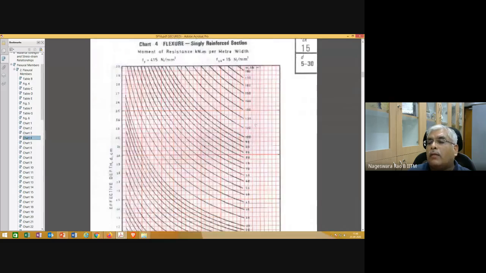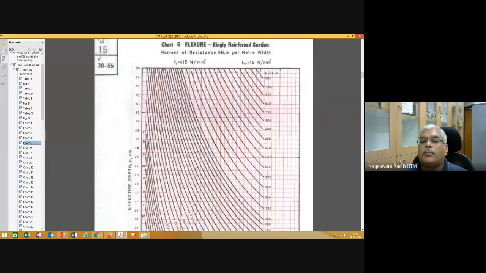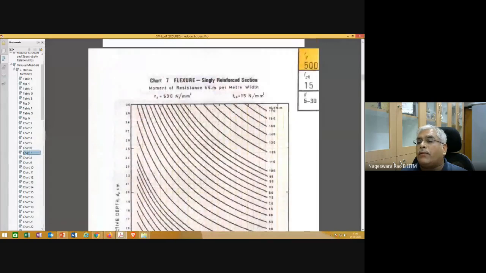Similarly, what I suggest is you explore this. Fy is equal to 415. Now whatever we discussed is Fe250 steel for M15 grade of concrete. For Fe415, D ranging from 5 centimeters to 30 centimeters is presented in chart 4, and for other depths chart 5, chart 6 and chart 7. Then for Fe500.